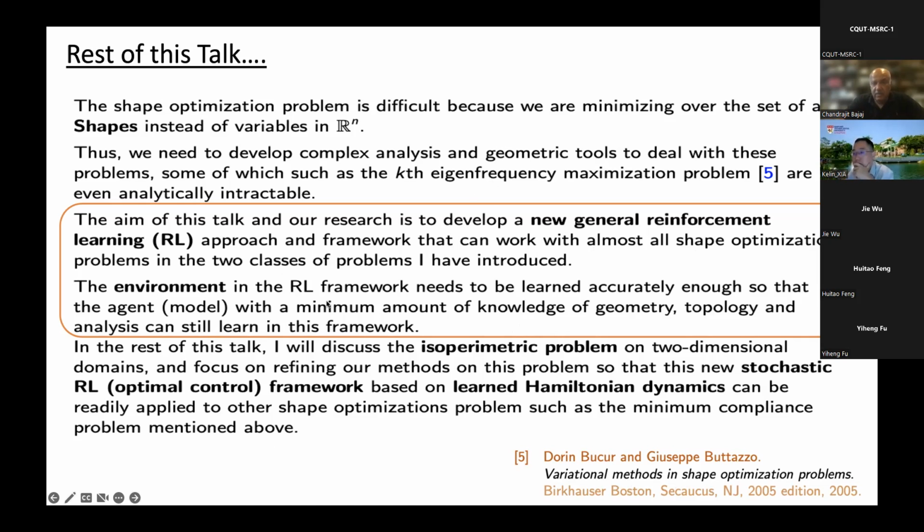The environment in this reinforcement learning framework needs to be accurately learned. So not only are you looking at the shape, you're looking at the environment the shape is in. And that makes the state space doubly or maybe triply exponential. So not only is the shape space problem in infinite dimensional space, the environment itself is much, much bigger.